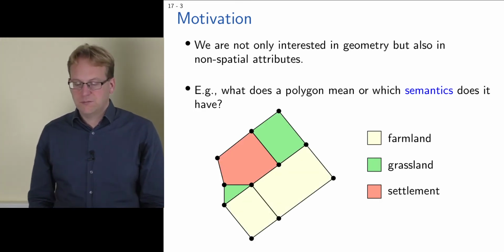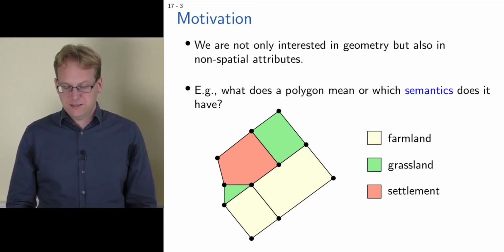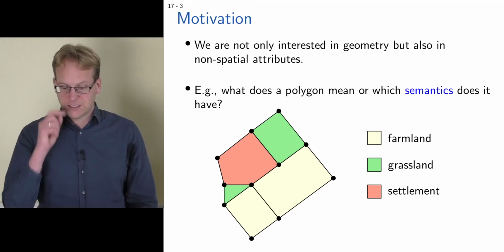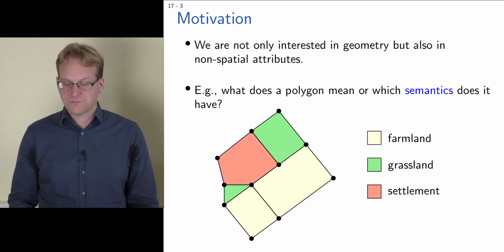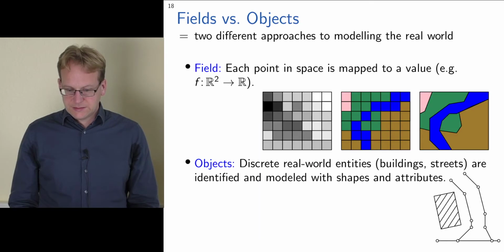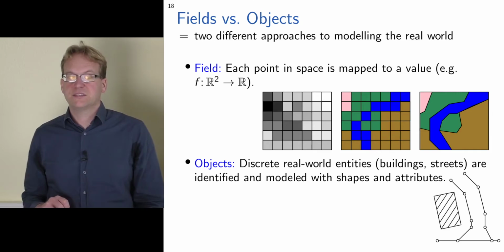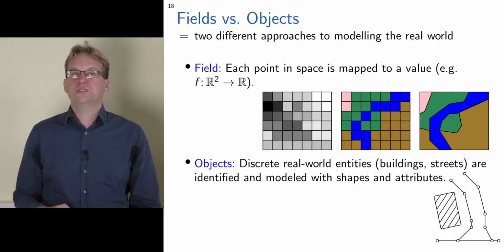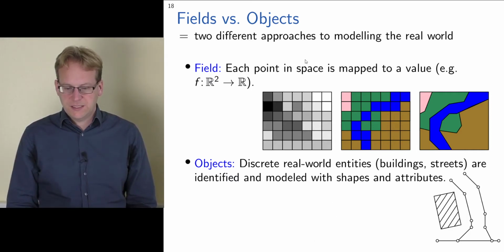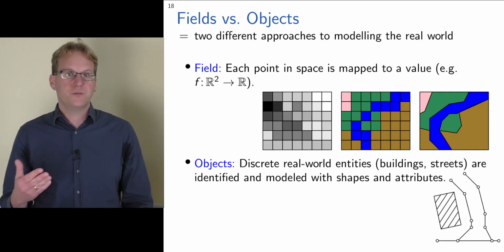You can think of maybe a land use data set where every polygon is assigned to some land use class, farmland, grassland, settlement, for example. So now let's talk about this field-based philosophy and this object-based philosophy. These are two different approaches to modeling the real world.